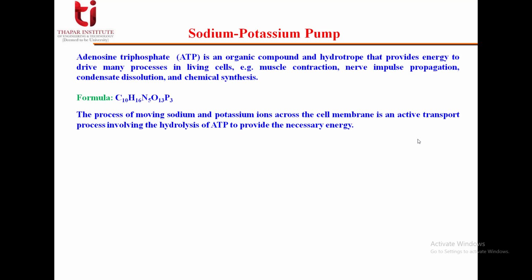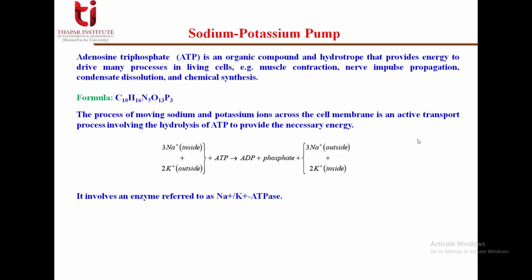The process of moving sodium and potassium ions across the cell membrane is an active transport process involving the hydrolysis of ATP, adenosine triphosphate, to provide the necessary energy. This is how it happens. The hydrolysis of ATP converts it into ADP plus phosphate, and it moves 3 sodium ions outside and 2 potassium ions inside.